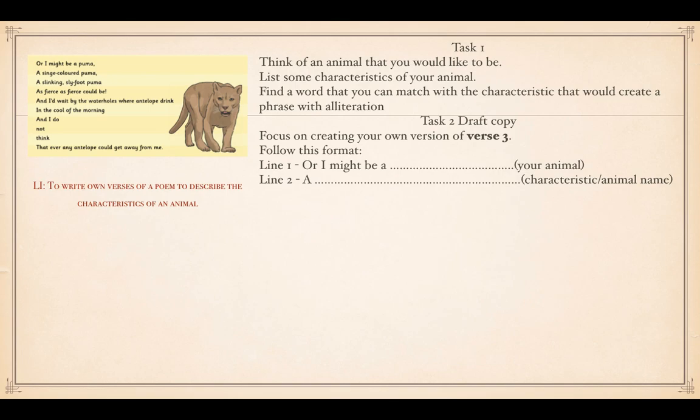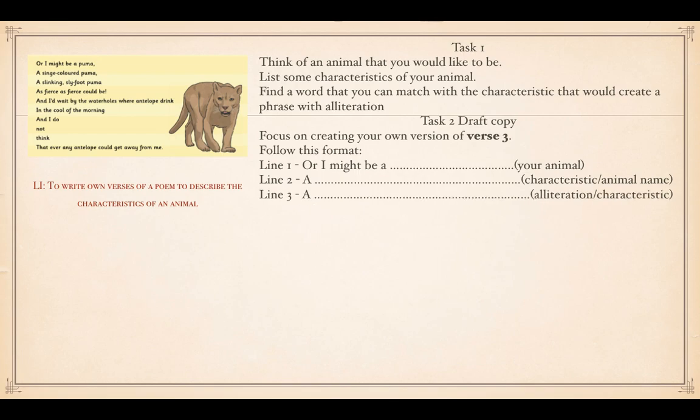Line 2 is "a", and you need a characteristic about your animal, and then at the end, you have the animal name. Because in line 2 of verse 3, we've got a single coloured, that's a characteristic, puma. So we've got single coloured, the characteristic, and puma is the animal. So you need to think of your characteristic and then write the name of your animal at the end.